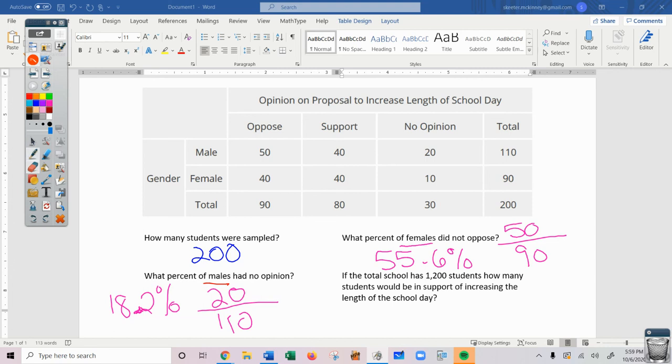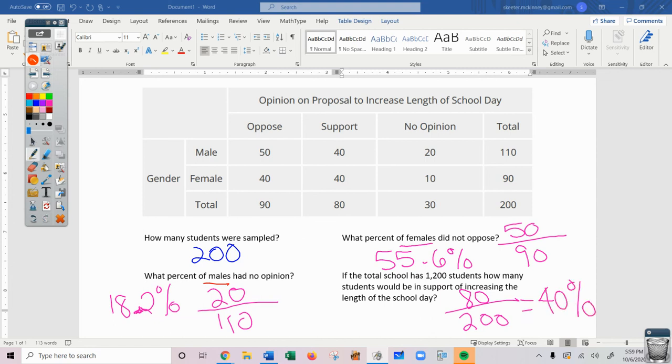We had 200 students total in our survey, and the number of students who were in support, it tells us right here in this column, is 80. I know that 80 out of 200 students were in support, so I'm going to calculate that percent by dividing, and I get 40%. It's a straightforward even percentage.